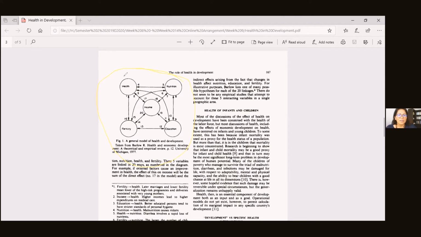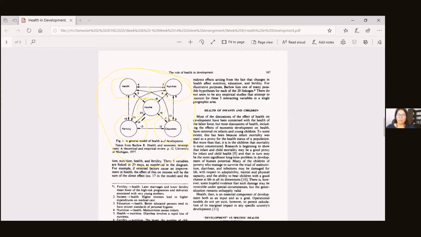So you see health here, nutrition, income, education, and then even fertility. The writer wrote about a general model of health and development. Right? So when you put, let's say, COVID-19 here, replacing health here, what are the implications on nutrition? What are the implications on education? How about fertility? How about income?